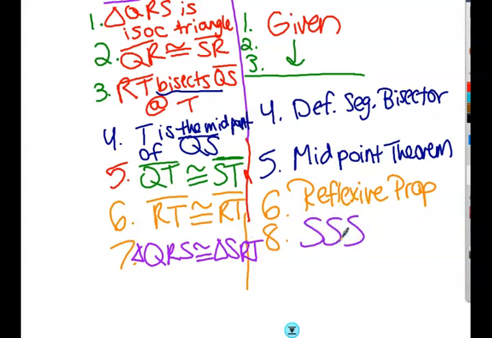We were given the first two sides are congruent based on the isosceles triangle. Then we proved that the next set of sides is congruent based on the midpoint theorem. And then the third set of sides, they're the exact same segment. So because we proved all three sides, we could prove SSS.